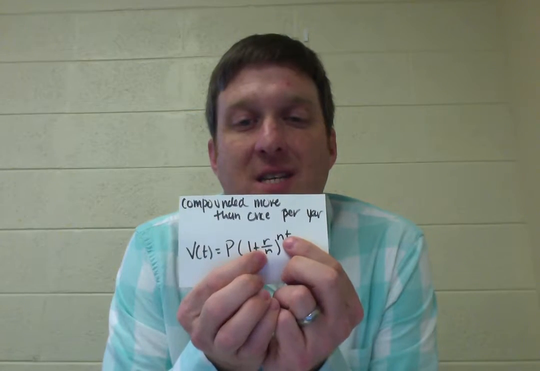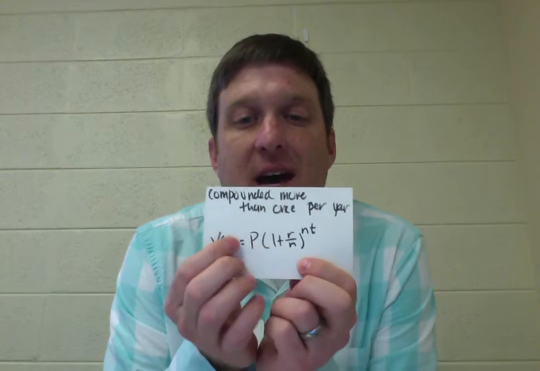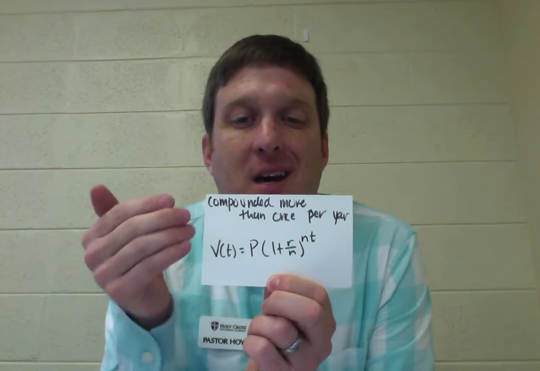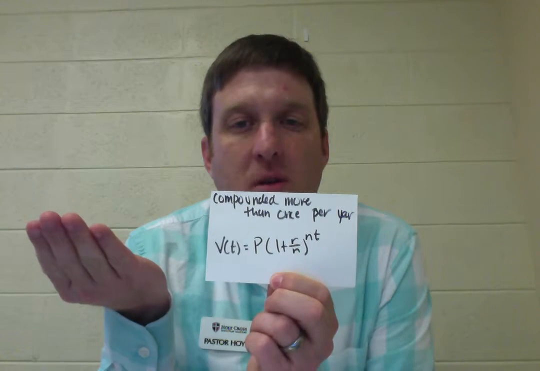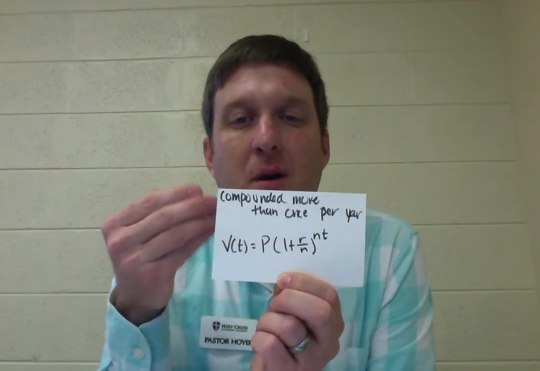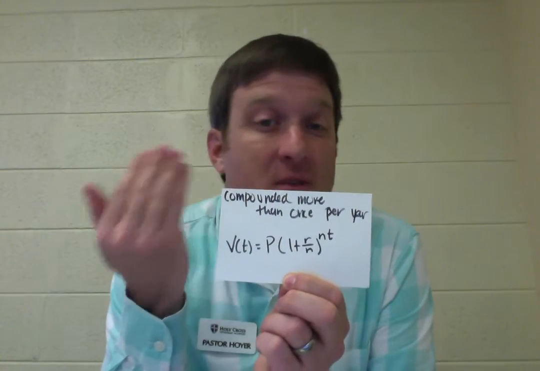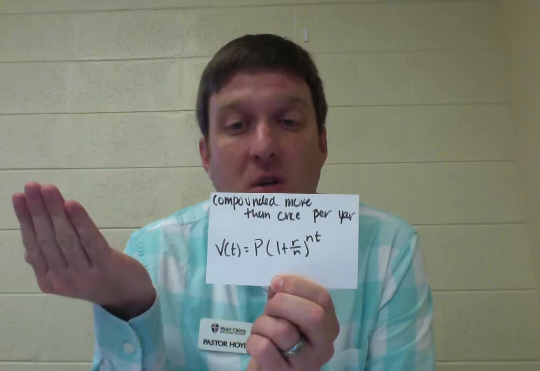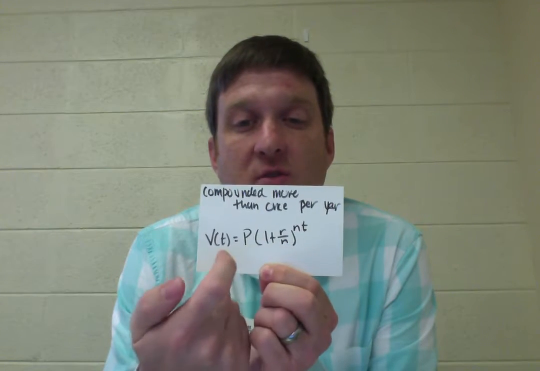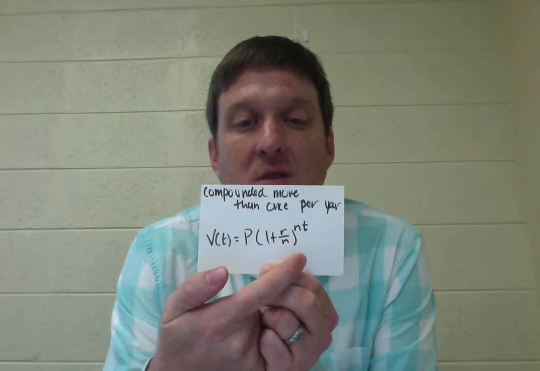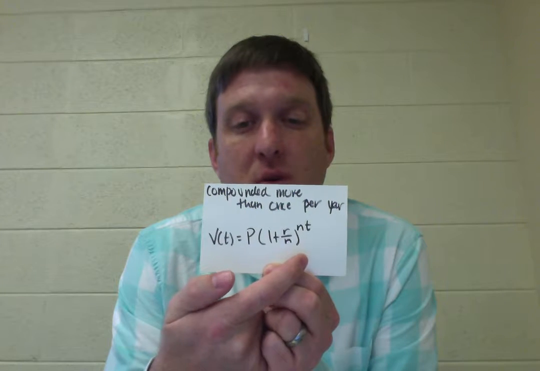We just factored in these n's to account for the fact that we're compounding. If n is 4, we're compounding quarterly. If it's compounded monthly, n would be 12. If it's compounded every 6 months, n would be 2. So this is your formula for if the interest is compounded more than once per year.